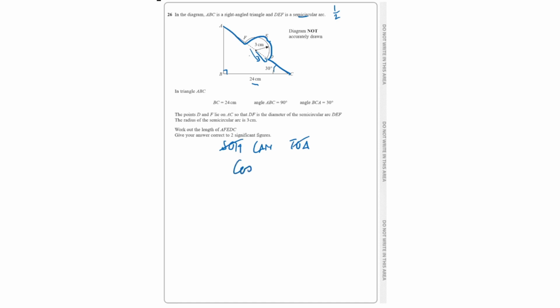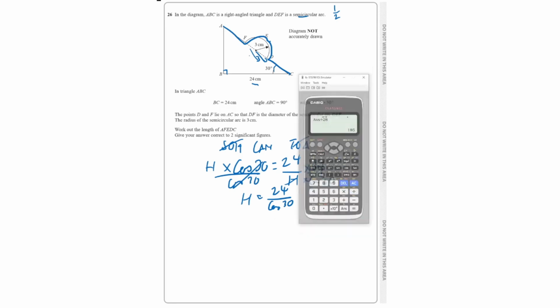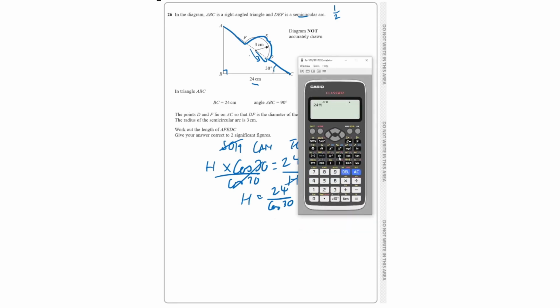So we write here cos 30 is equal to adjacent over hypotenuse, so 24 over hypotenuse. We don't know what the hypotenuse is yet, so we can simply multiply both sides by h, and then divide both sides by cos 30. So this cancels out, and that simply means h is equal to 24 over cos 30. We can find this out using our calculator. We get 24 divided by cos 30, which is 16 root 3.